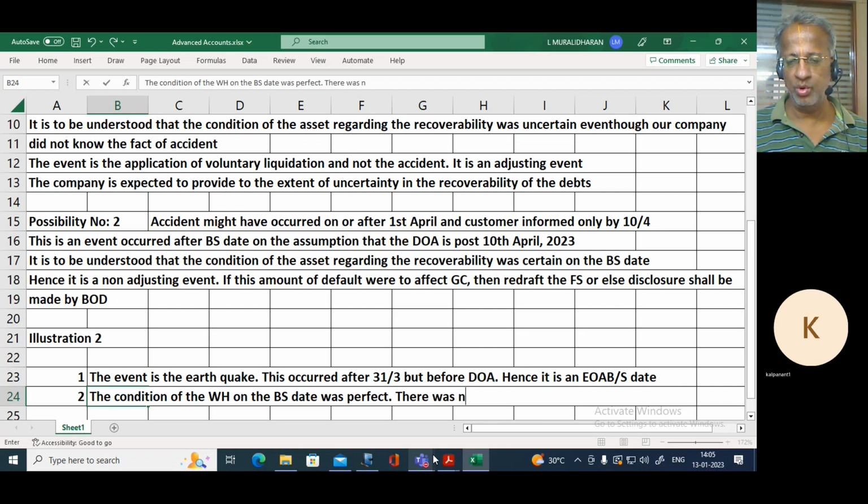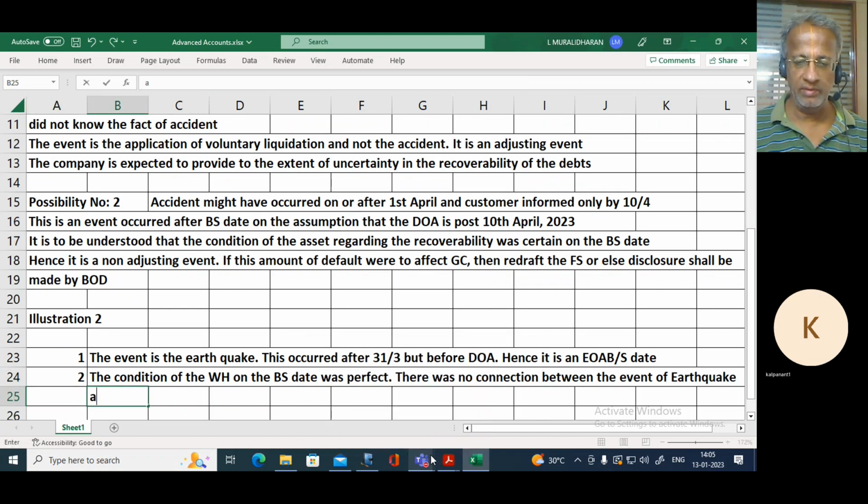There was no connection between the event of earthquake and the condition of the asset. Correct? Are you understanding?